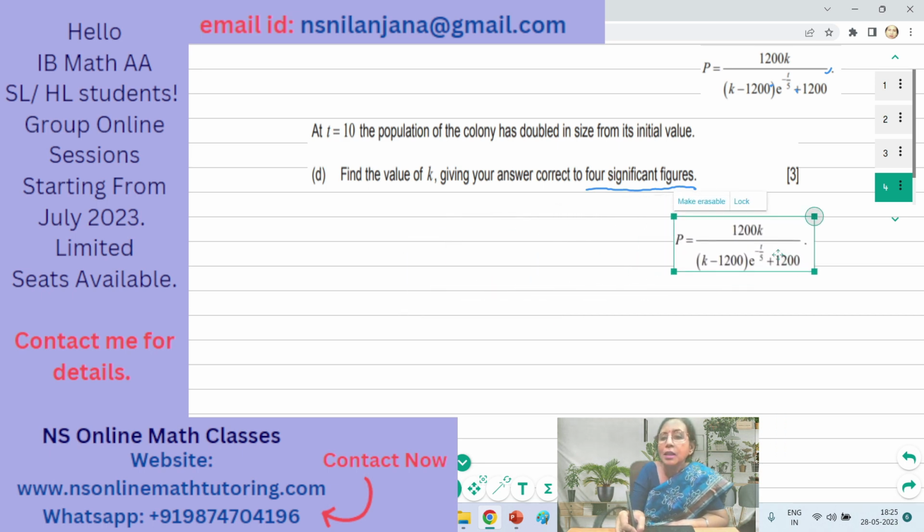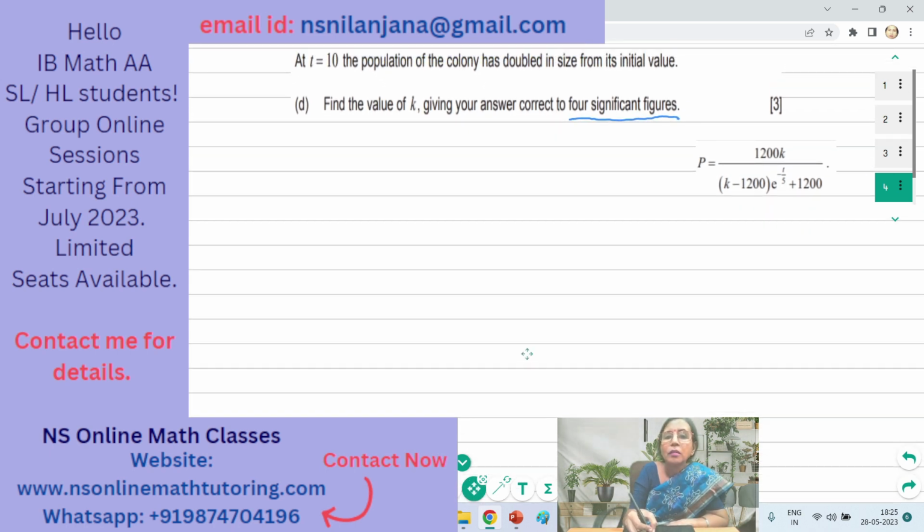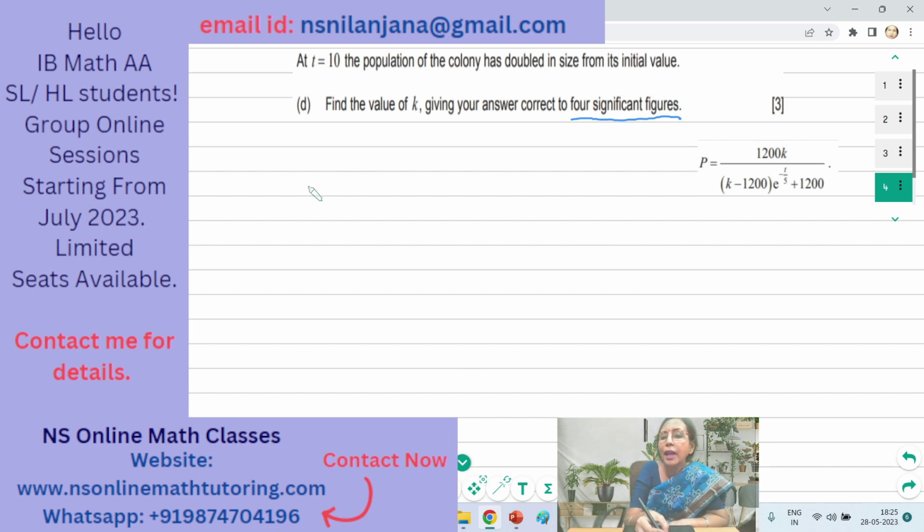Yes, this is the population expression. So t will be equal to 10 and the population will be 2400.